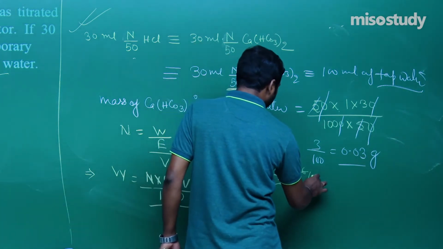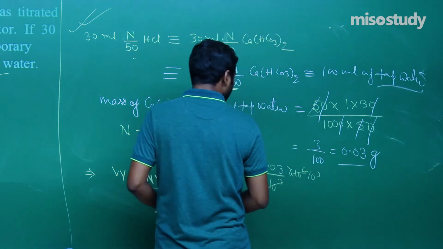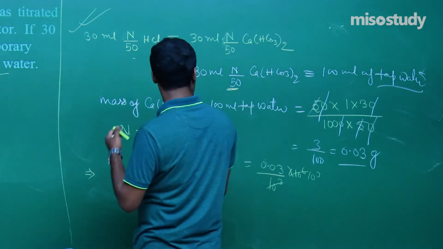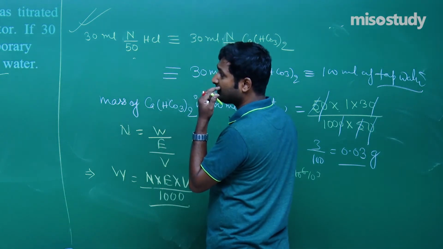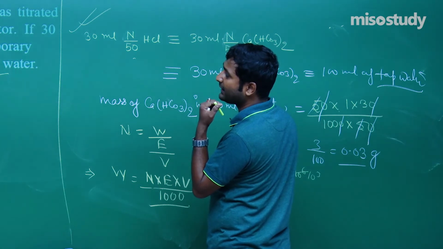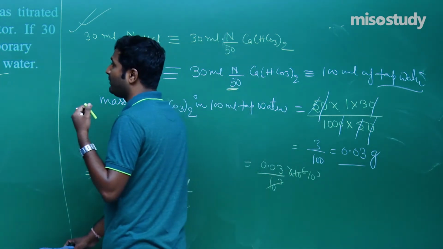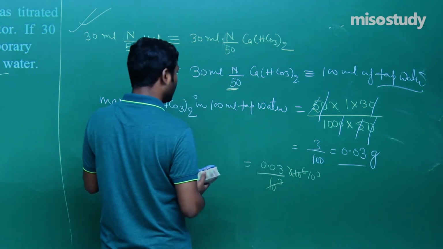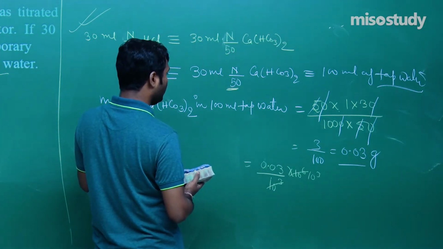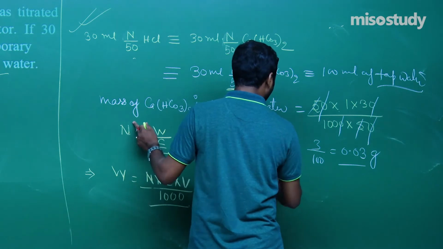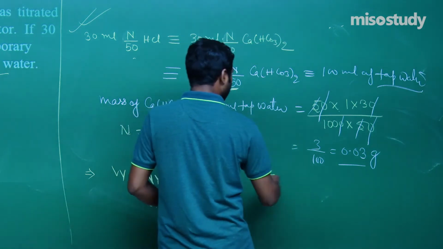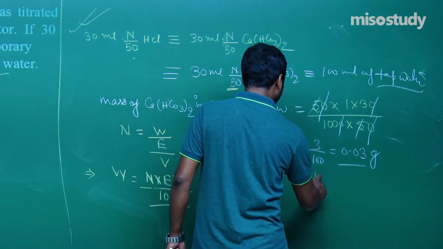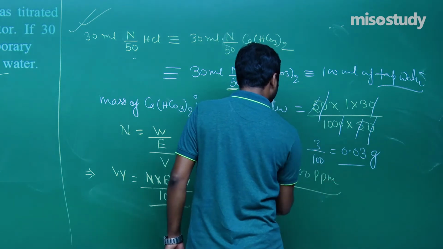This will come 10 to the power 3. So in terms of 10 to the power 6, that is mass, here the volume is 100. Okay, so we can write here, that is the ppm is 300 ppm.